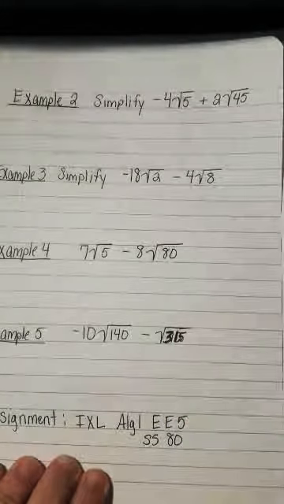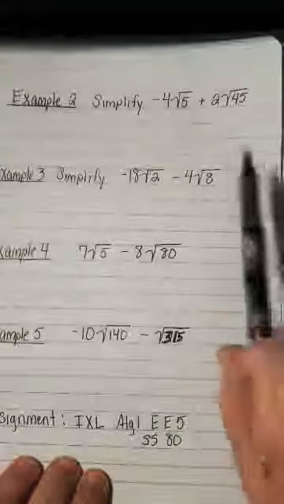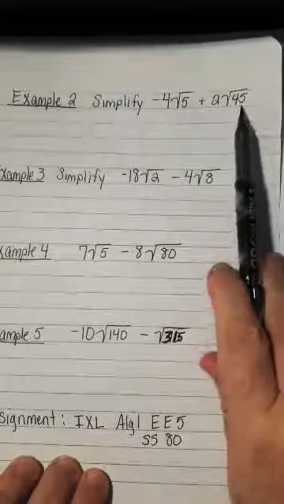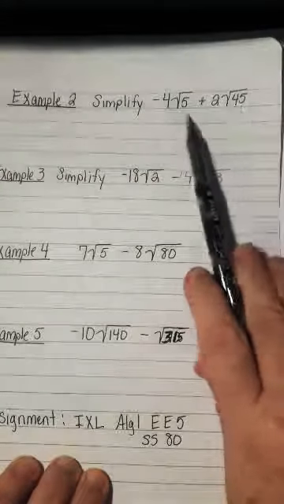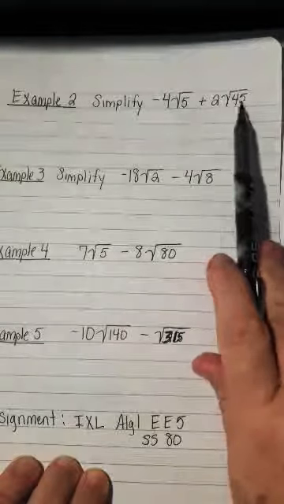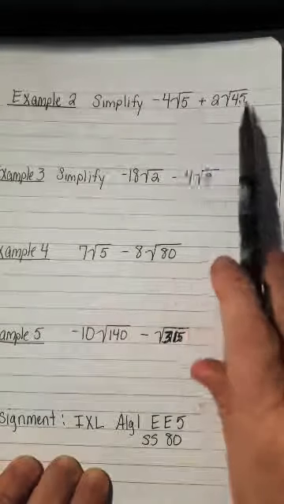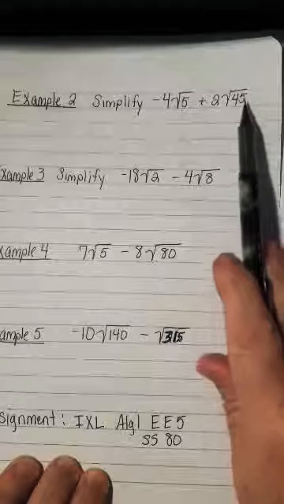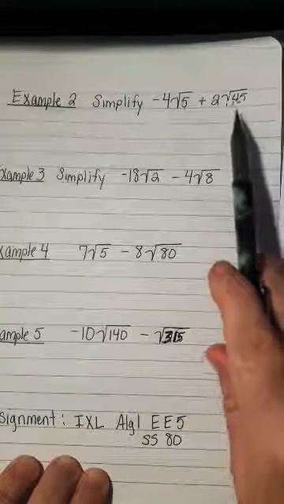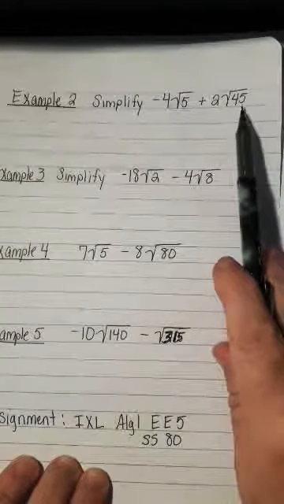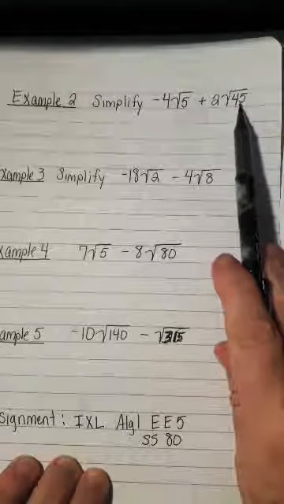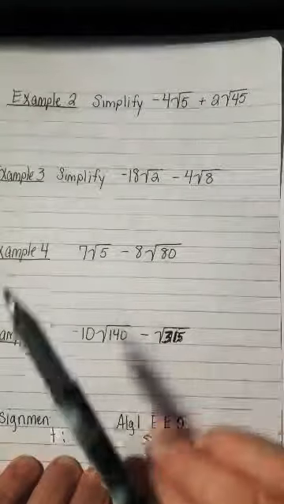Those numbers don't match. However, 45 can be simplified. So you can't just say that you're not going to be able to simplify this, because you might be able to once you simplify 45. So on every square root problem you need to simplify it before you decide if you can add them or subtract them.